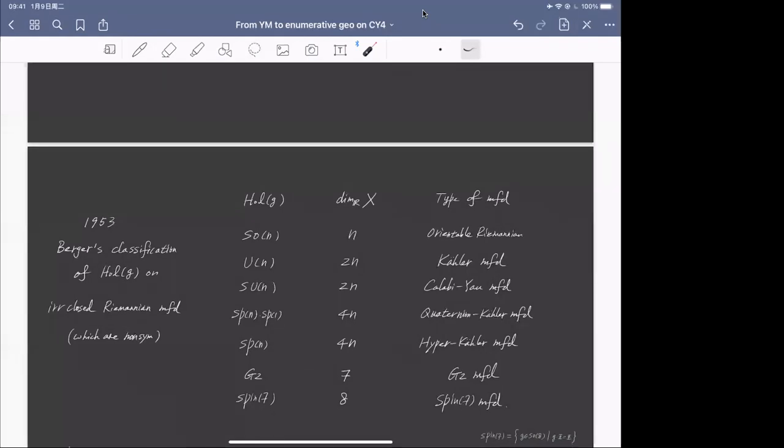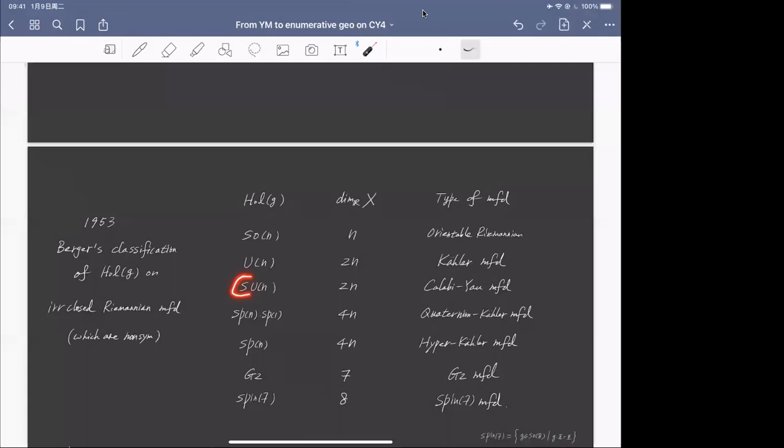Now this becomes a complex manifold, the real dimension is 2n, and this is called a Kähler manifold. The third, a special case of Kähler manifolds, is SU(n). It is still 2n dimensional, but in this case it is called a Calabi-Yau manifold.